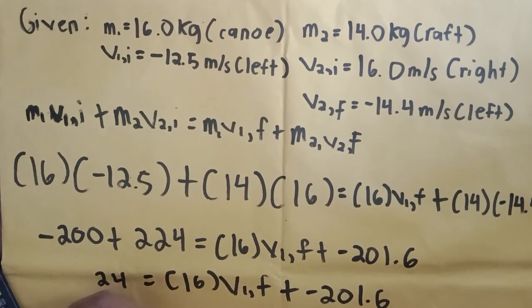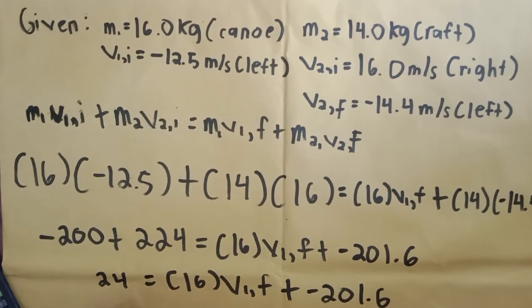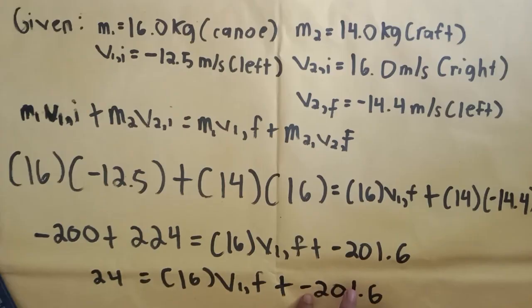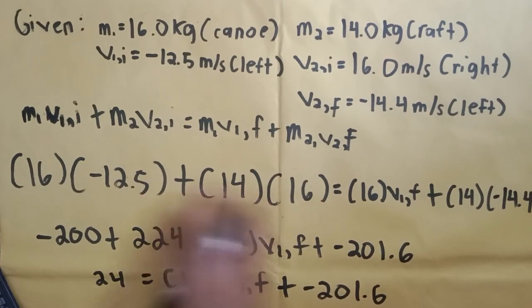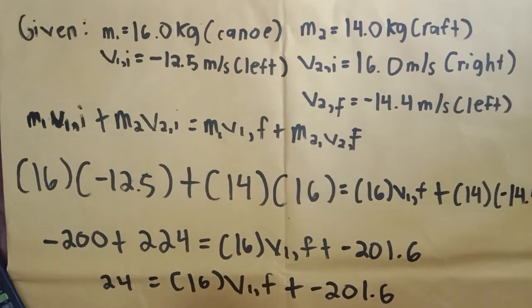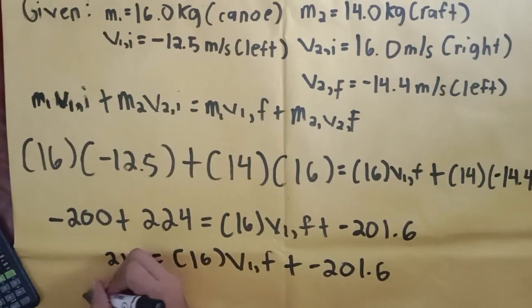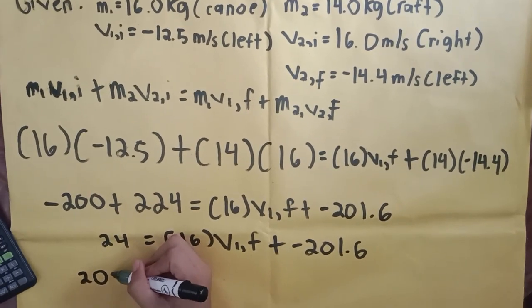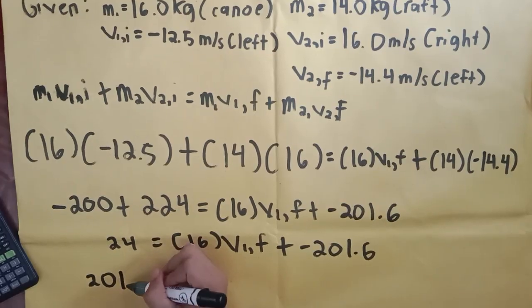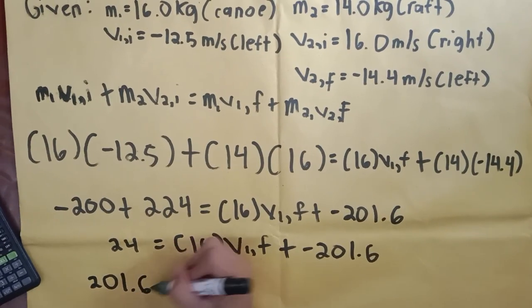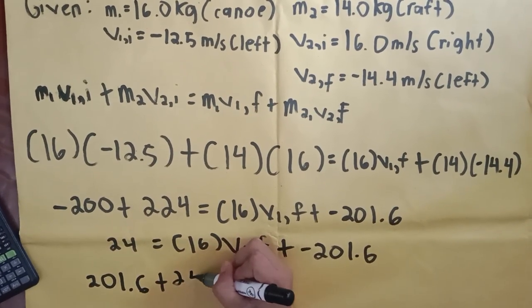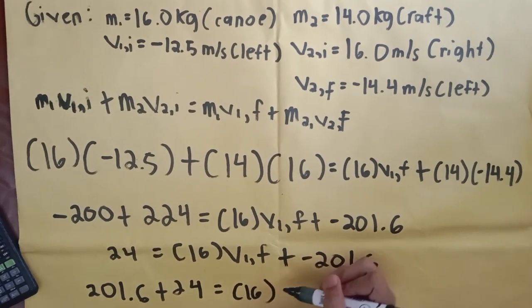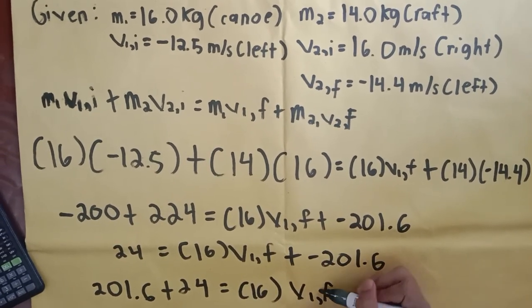Since this is negative, if we transfer it, it will be positive. So 201.6 plus 24 is equal to 16 v1f.